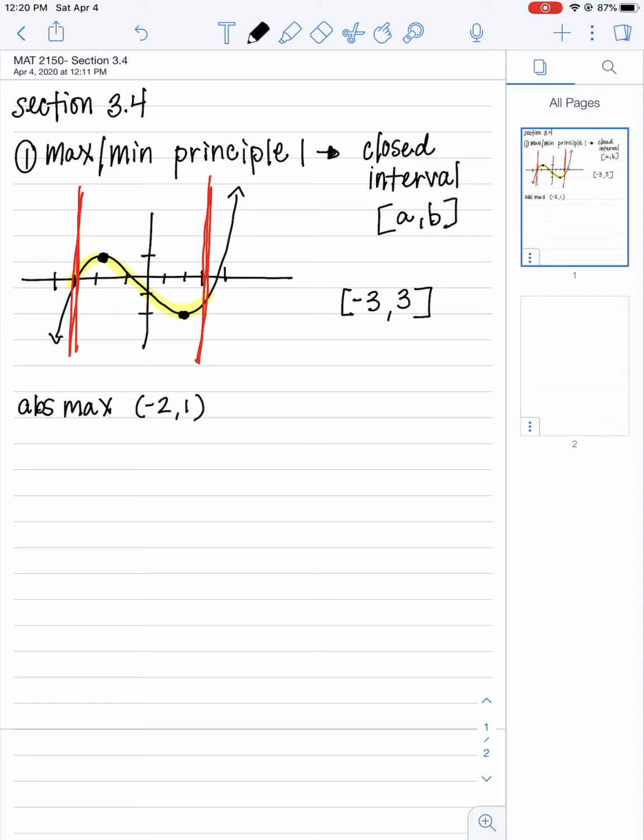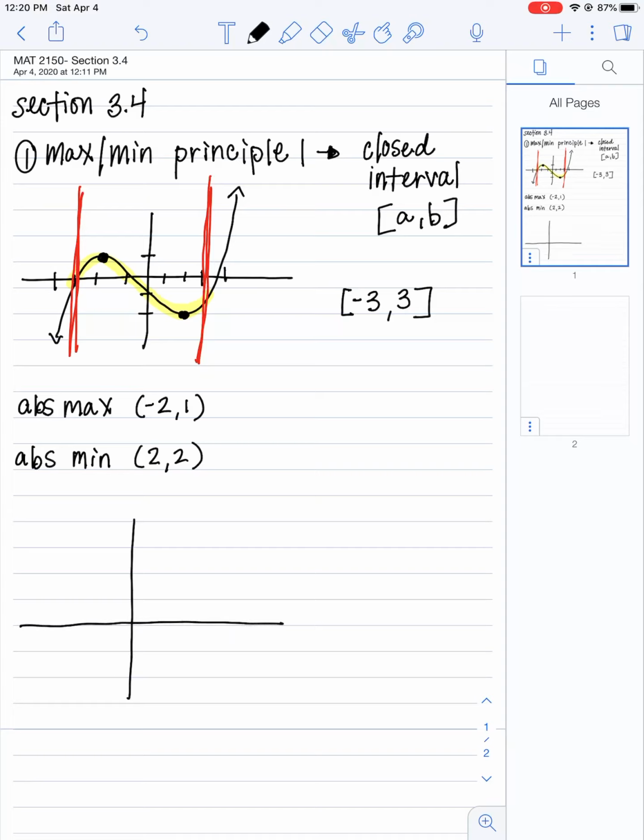And your absolute min is happening right here, at +2. There it is.